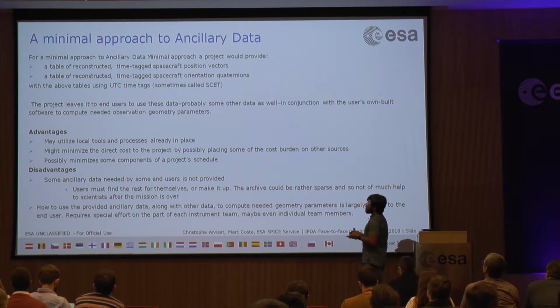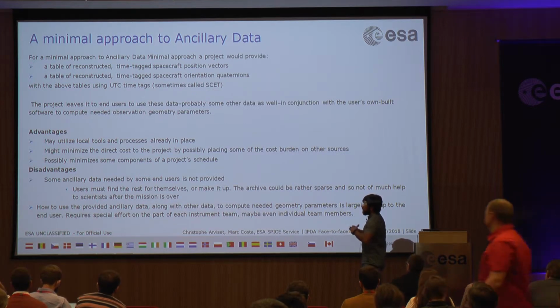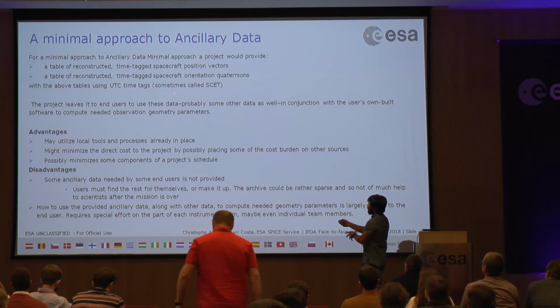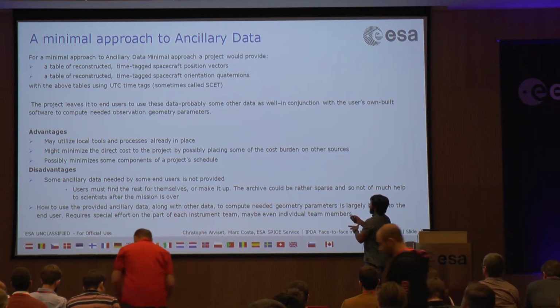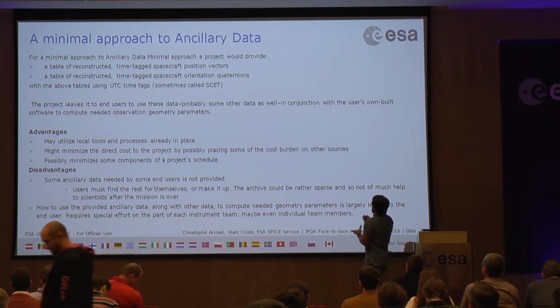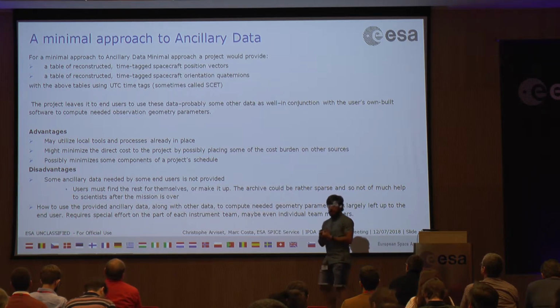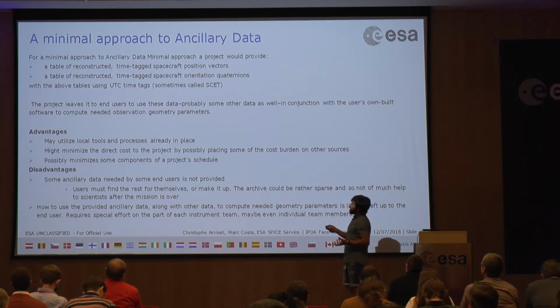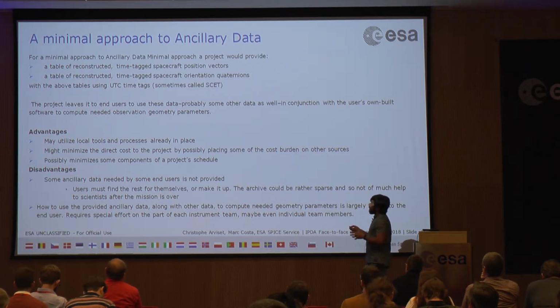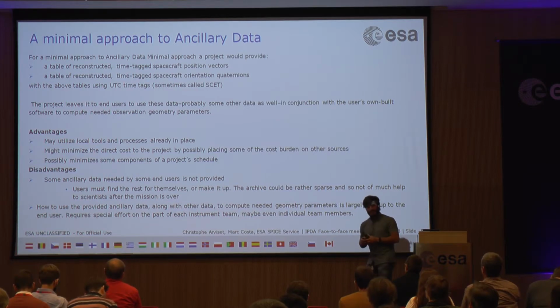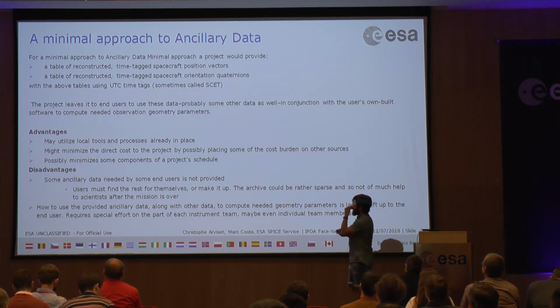Now, the issue is that when we have that, the project leaves it to the end users to use this data with some other data and with some software that the users will probably have to build in order to exploit this type of data. Now, that's the minimal, so to speak, of what you provide to your stakeholders.